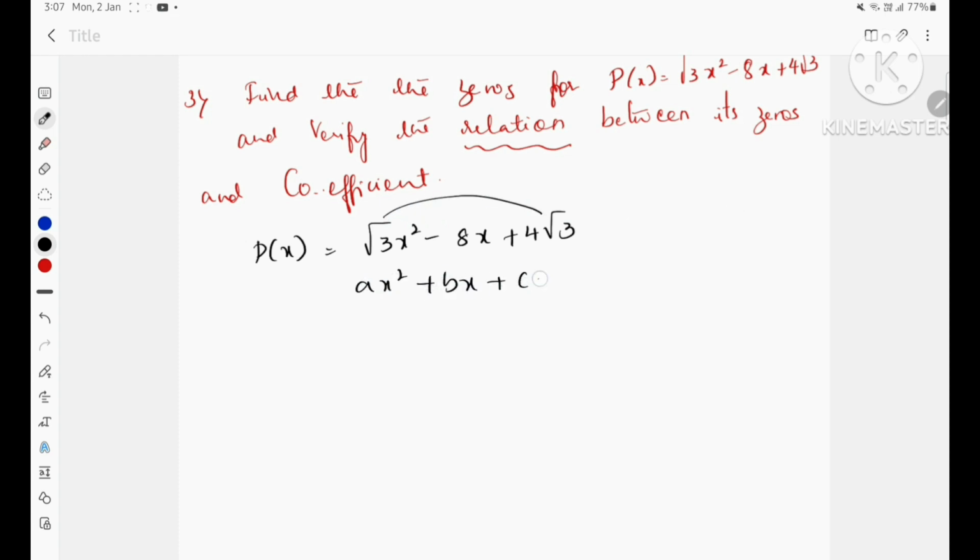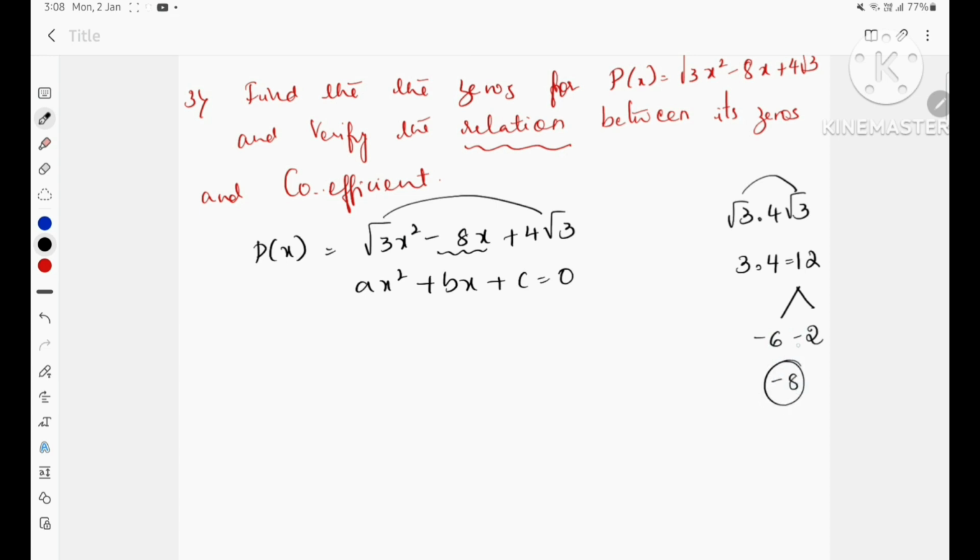So you take the given expression in the standard form ax square plus bx plus c. Now to factorize, you take the first and last term, that is root 3 into 4 root 3. We know that the product of the same root numbers will be the number without root.